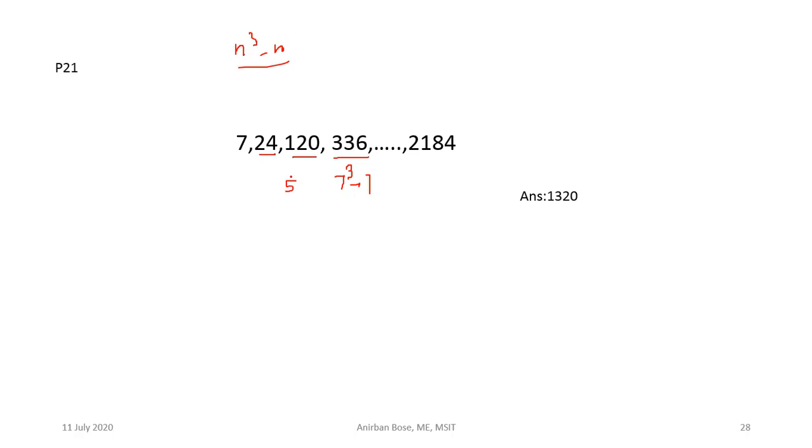Because this is 5 cube minus 5. This is 3 cube minus 3. The first term is 2 cube minus 2. Okay, so these are all again prime numbers, right? 2, 3, 5, 7 prime numbers. So next one will be 11 cube minus 11. To do that, the answer will be 1320.